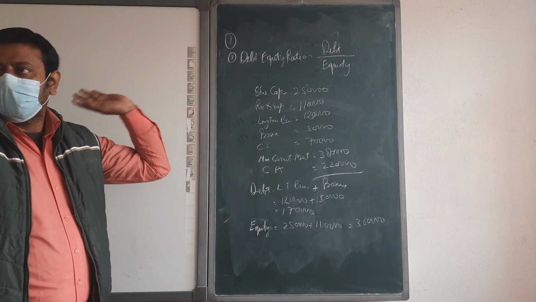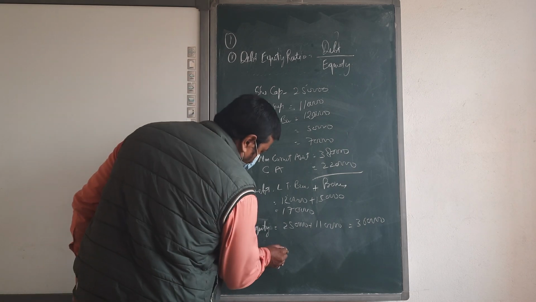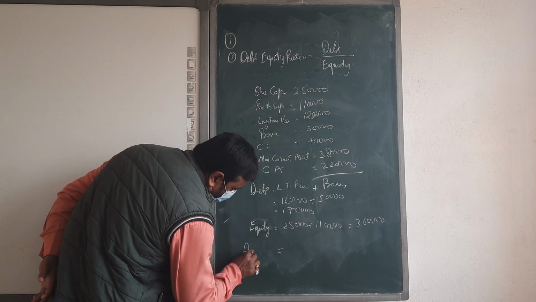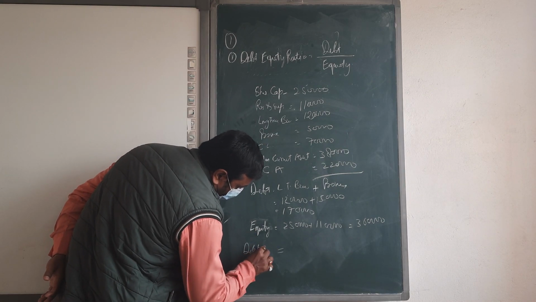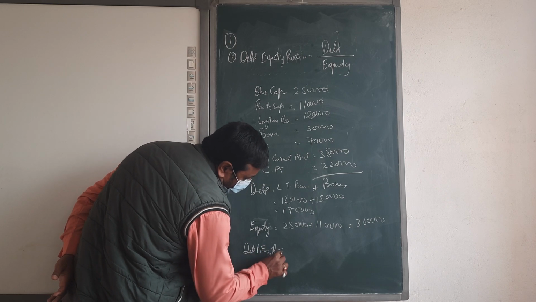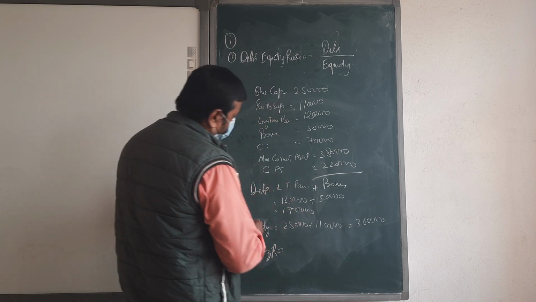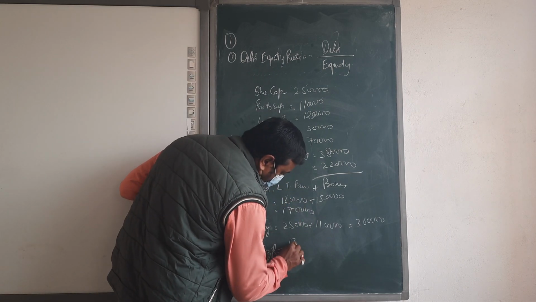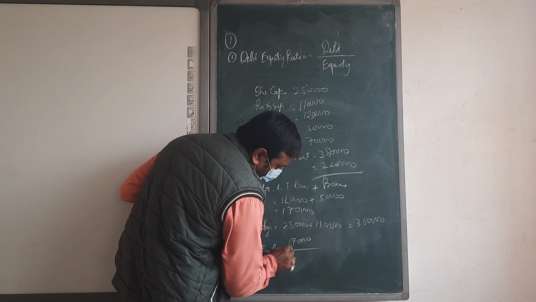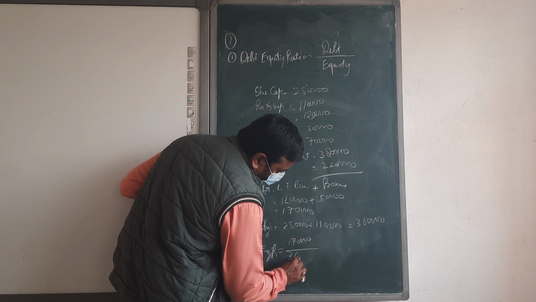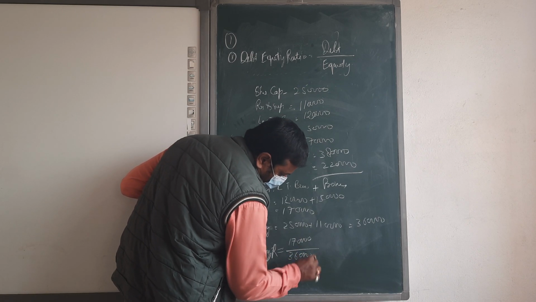Now we put them in the formula. Debt equity ratio is equal to the value of debt, 1,70,000, upon the value of equity, 360.